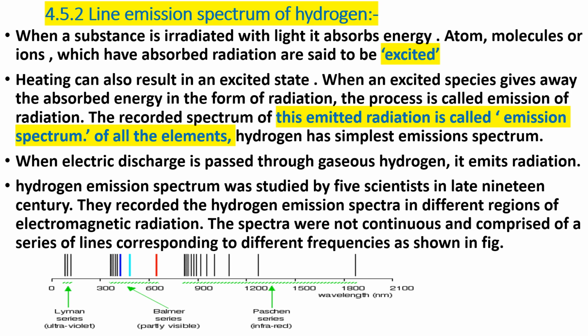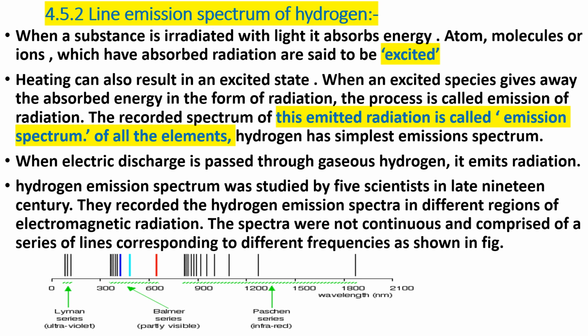The spectra were not continuous and comprised a series of lines corresponding to different frequencies, as shown in the figure. In your textbook, a different reading is given. This image I have taken from online. The values will be changed, but the theme of the diagram is the same.